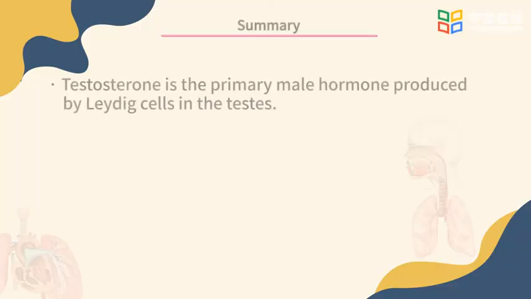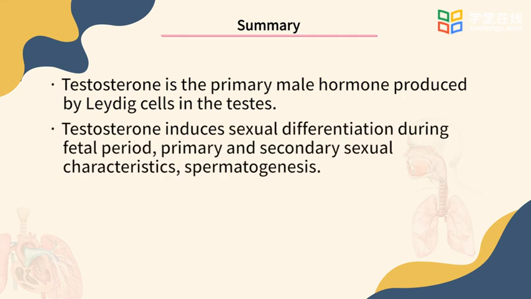Okay, let's summarize our lecture today. Testosterone is the primary male hormone produced by Leydig cells in the testes. Testosterone exerts major effects on the body, including sexual differentiation during fetal period and development of primary sexual characteristics like an enlarged penis and testes, as well as secondary characteristics like a male pattern of hair growth, voice changes, and increased muscle mass.